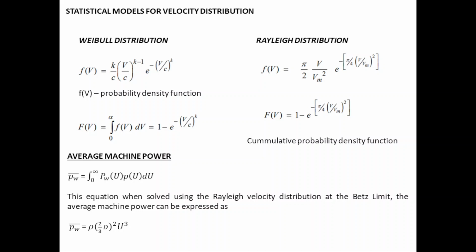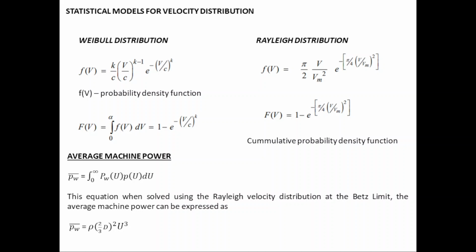So at every instant of your particular velocity, you calculate the amount of time for which the wind velocity is v. That is given by your probability density function, and the cumulative one is the addition of time for which your velocity was lesser or equal to this v.